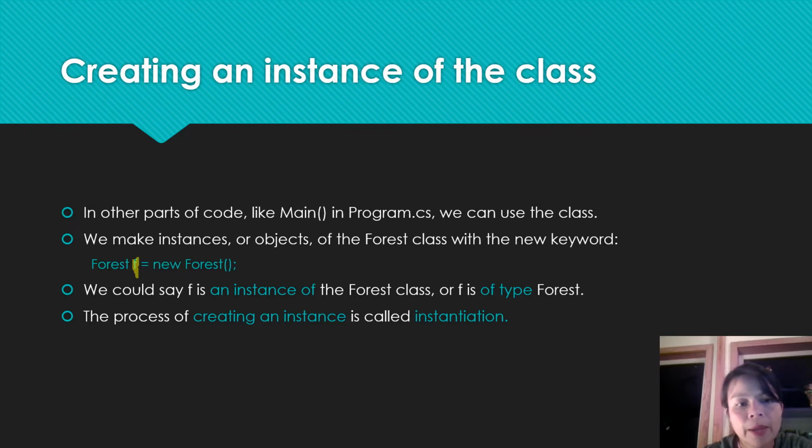So f here is an instance of the Forest class, or f is of type Forest. Forest is its type. The process of creating such an instance is called instantiation.